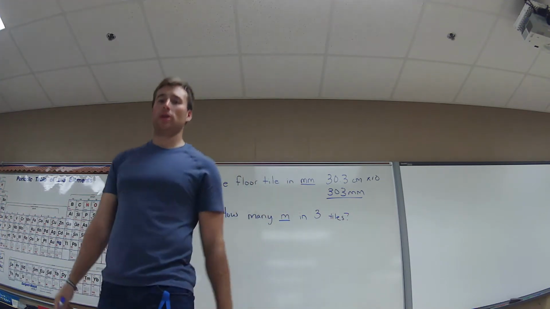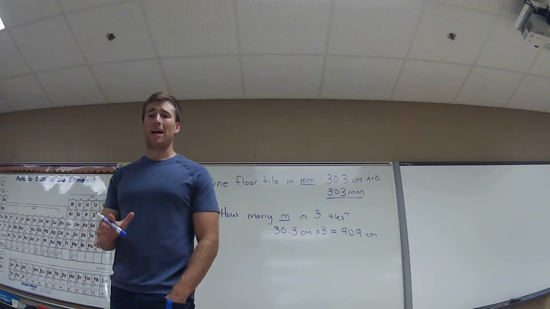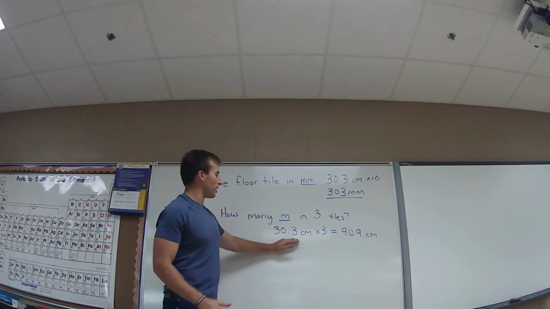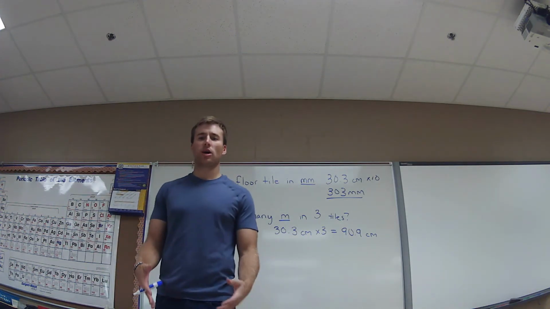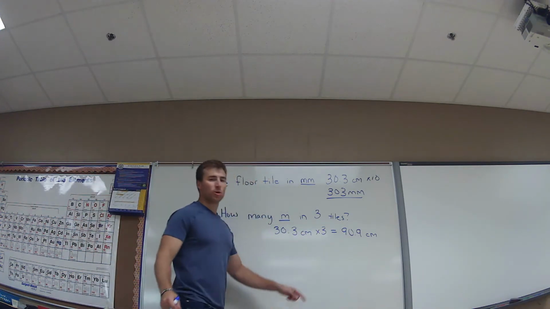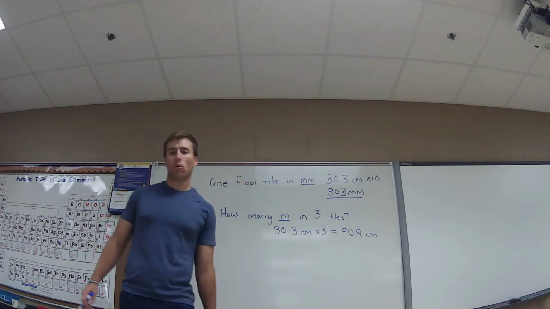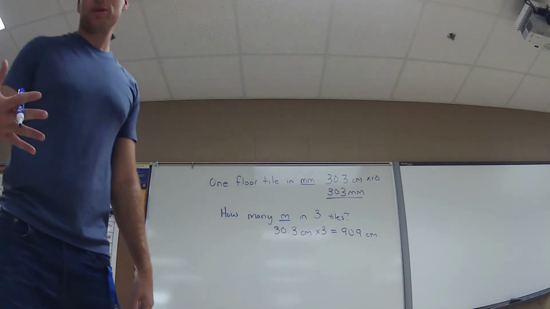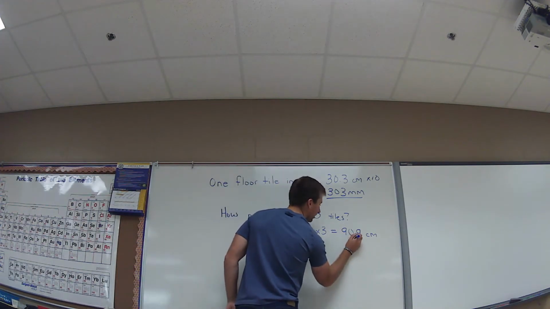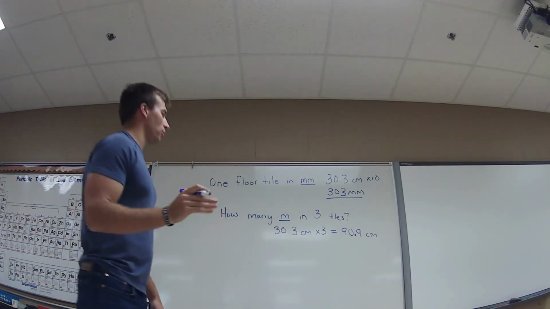Hopefully you figured that out, and we start by taking our distance, 30.3 centimeters, and we want to know how many are in 3 tiles. So we multiply that number by 3 to give us our first piece of 90.9 centimeters. Now we can go from there and we can convert.